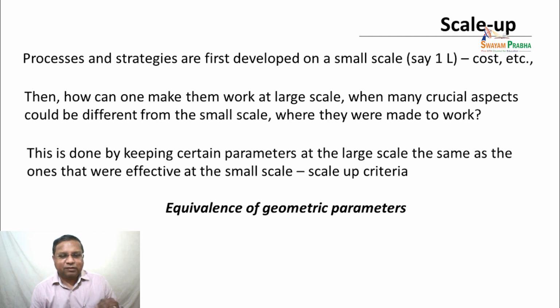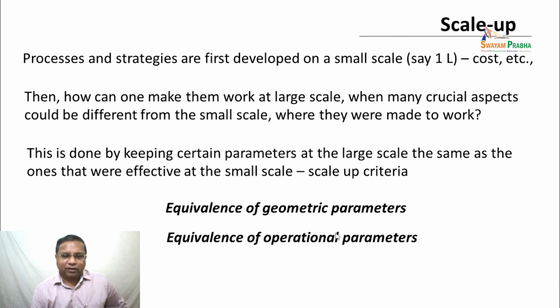So appropriate things need to be the same at two levels, at the small scale as well as at the large scale. What is normally seen is equivalence of geometric parameters, as they are called, and equivalence of operational parameters. To look at the very surface level information on these, let us take the example of a stirred tank.